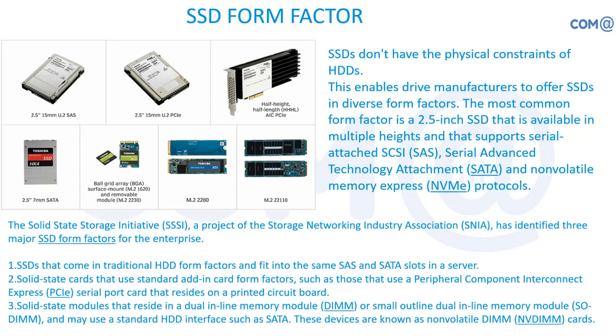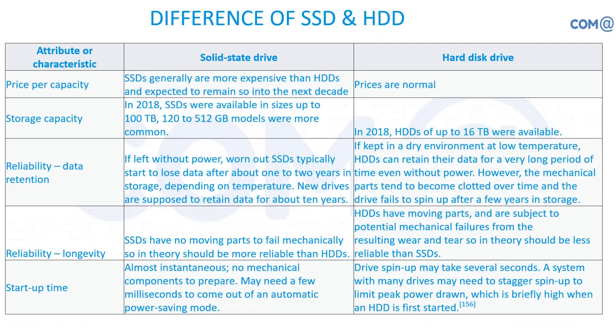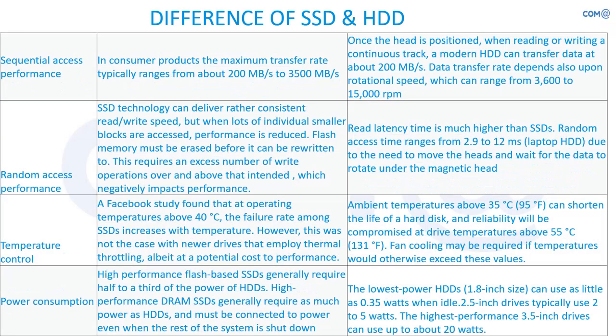It is available in different forms, as you see in the pictures: as a memory card, as an interface card, or as a stripe, a small grid. So you can have SSD with higher capacity. It becomes more flexible, with more mobility, with the help of SSD. That gives the advantage of good mobility for data. The difference between SSD and hard disk drive is provided.